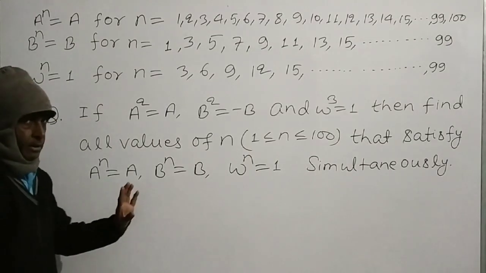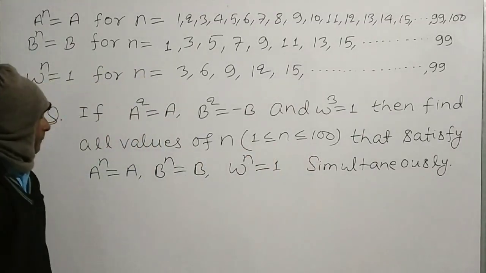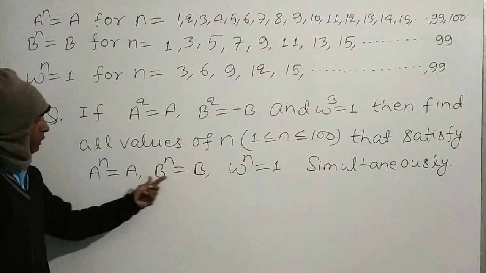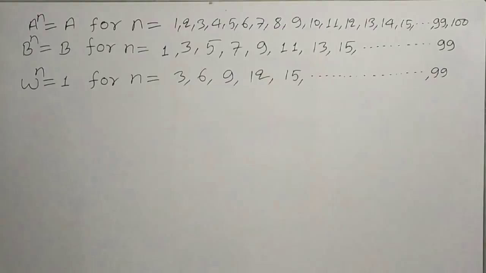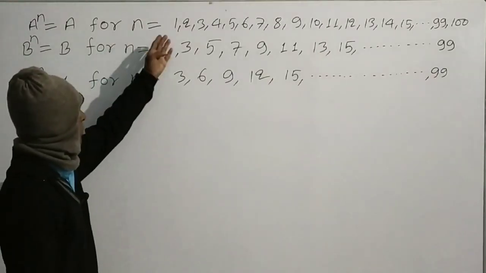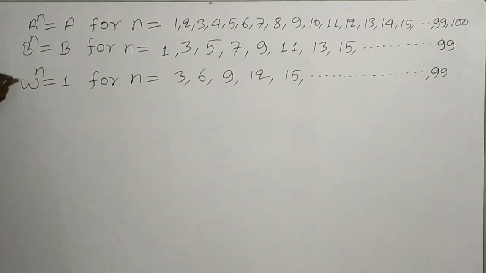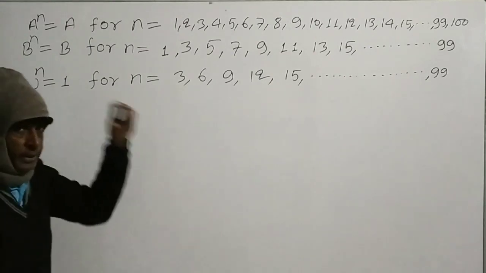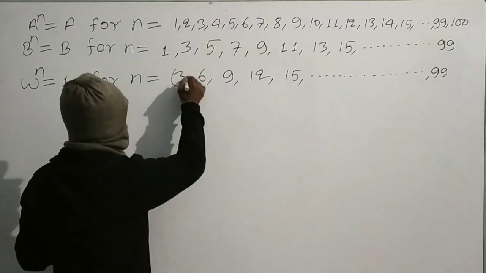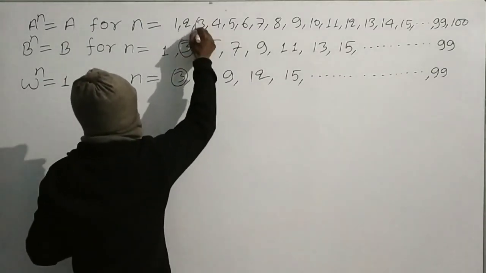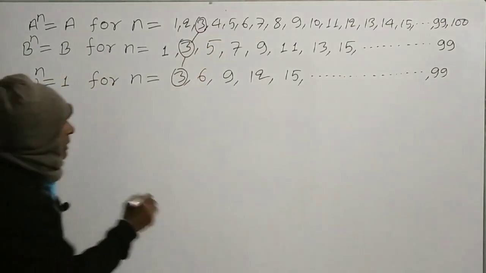We have to find the values of n from 1 to 100 that satisfy this equation and this equation simultaneously. Which values of n satisfy this equation and this equation simultaneously? We see that the number 3 satisfies all these 3 equations.